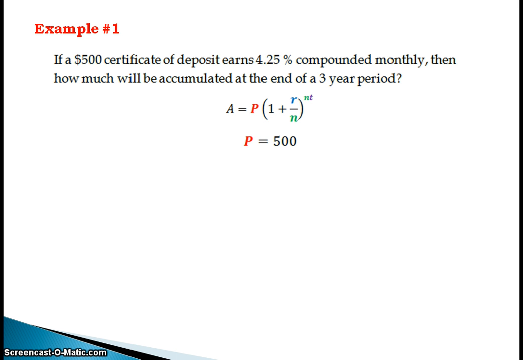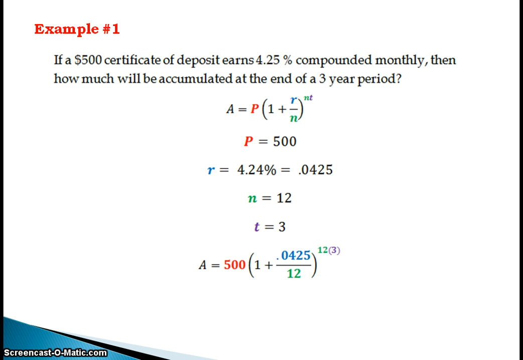Our beginning amount is $500. Our interest rate is 0.0425, or 4.25%. It's compounded monthly, so N is 12, and we're talking about a 3-year period, so the amount of time that's passed is 3 years.